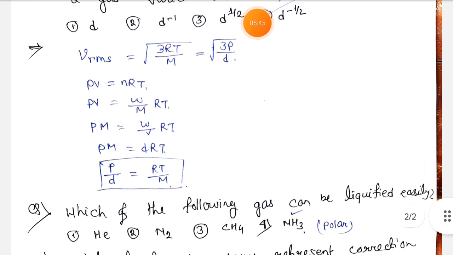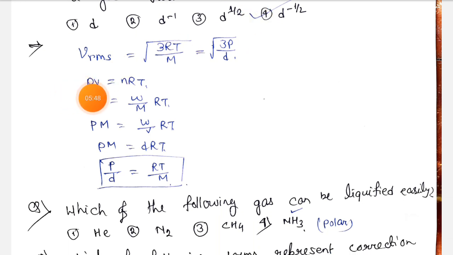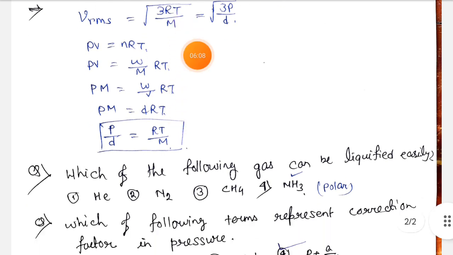From the ideal gas equation, PV is equal to nRT, where n, the number of moles, is weight by molecular weight, so PV is equal to W by M RT. Rearranging, PM is equal to W by V RT. We know that density D is mass by volume, so PM is equal to DRT.